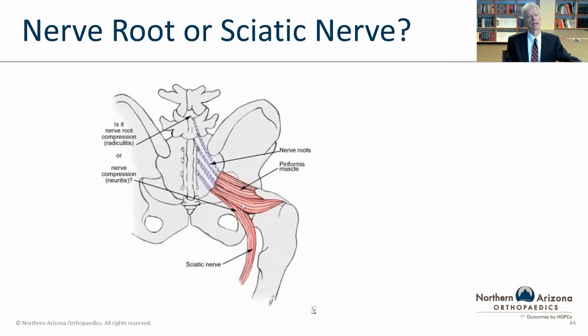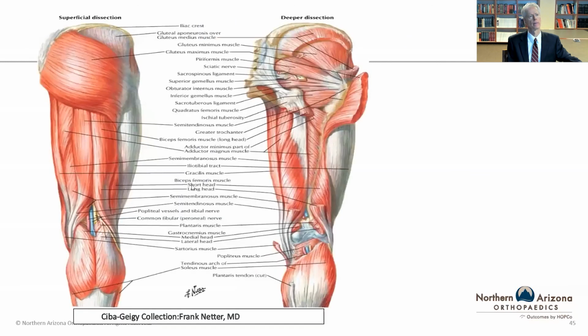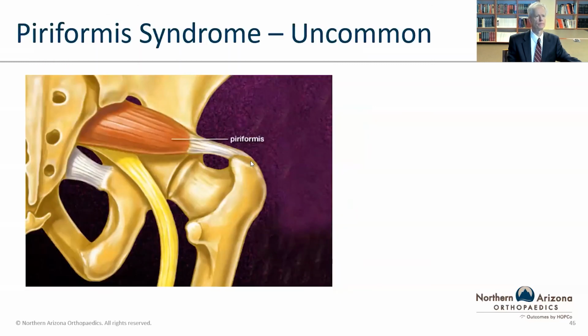Sometimes there's pressure over this area from sitting. We'll talk about that. Here's the diagram of the muscles, the gluteus, the buttock, and all of the complex muscles, including the piriformis, and the sciatic nerve is underneath here. The white is the ligaments or tendons attaching to the bones.